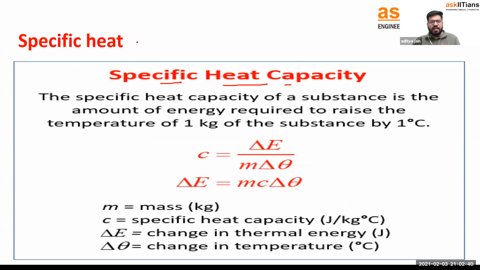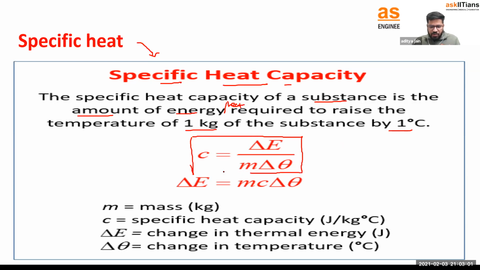Specific heat capacity of a substance is the amount of energy, or heat as well, required to raise the temperature of 1 kg of that substance by 1 degree Celsius.